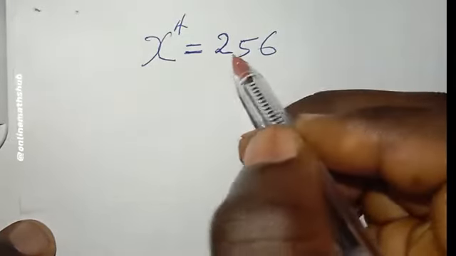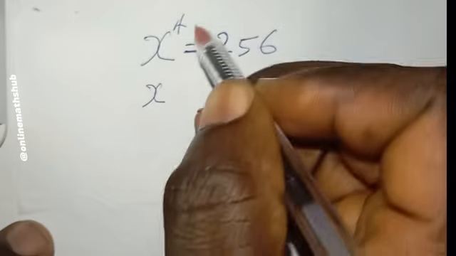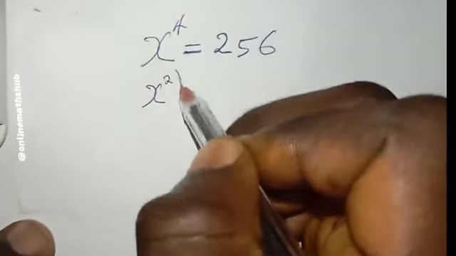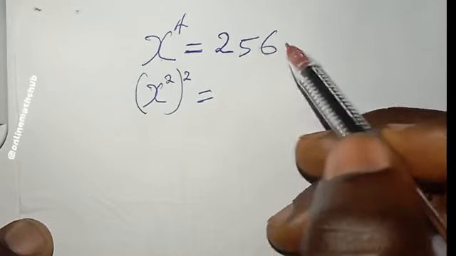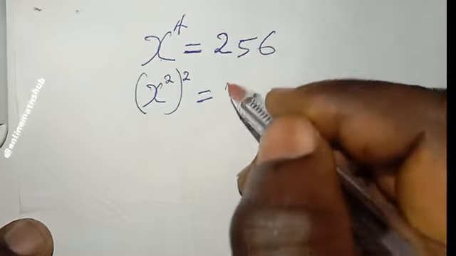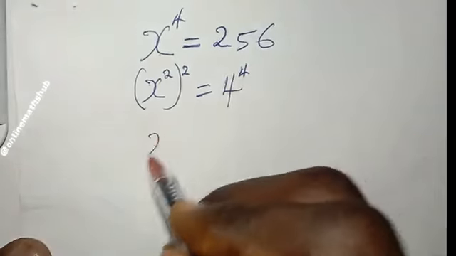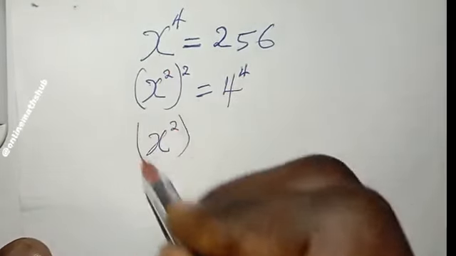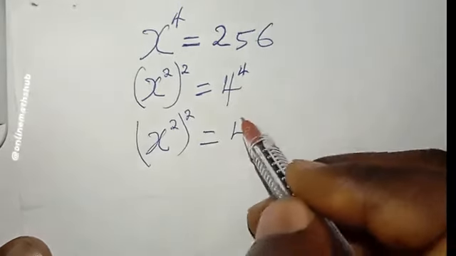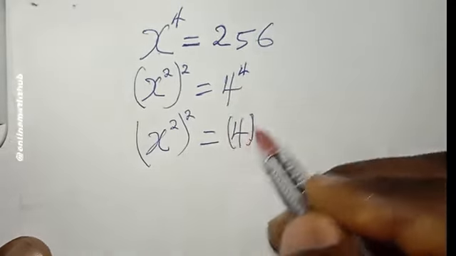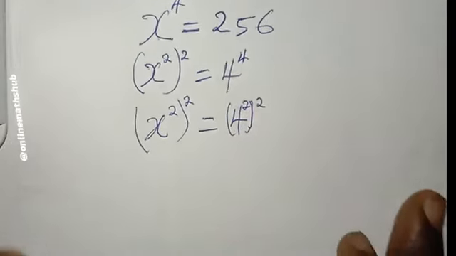Moving on, I can rewrite all of this. I can write this x power 4 as x power 2, and then power 2, and 256 we can write as 4 raised to power 4. You can also rewrite this as 4 power 2, and then power 2.